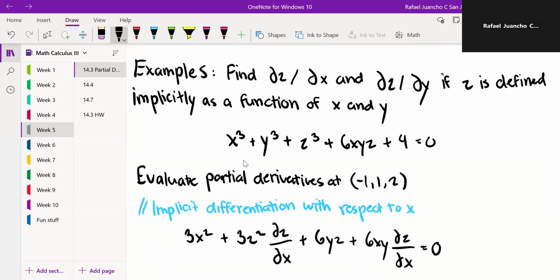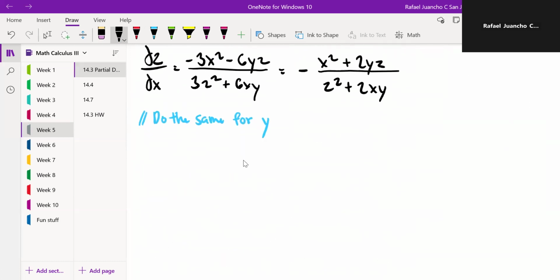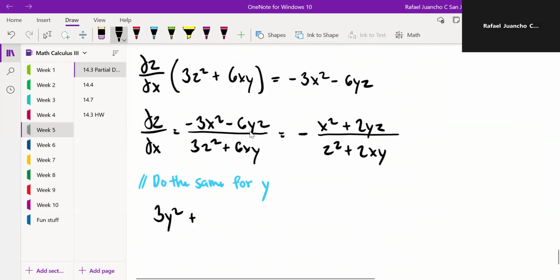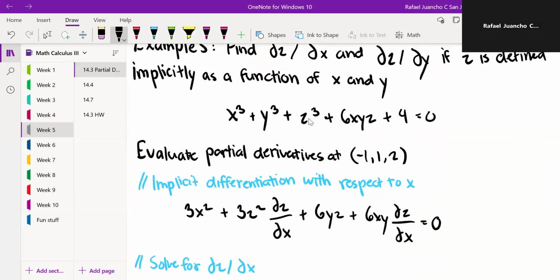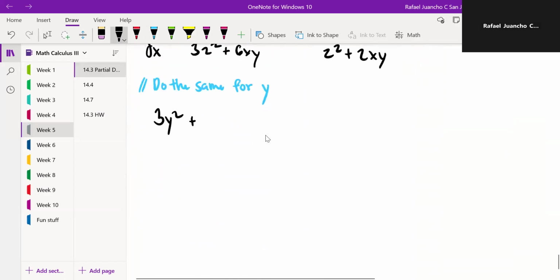Y cubed, that's 3y squared. I think that was a plus after. Z cubed, z is a function. So we basically do the same thing. We differentiate our function and we get its partial with respect to y.